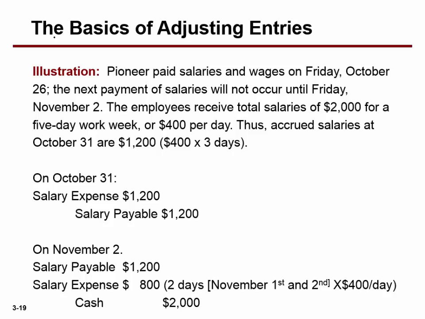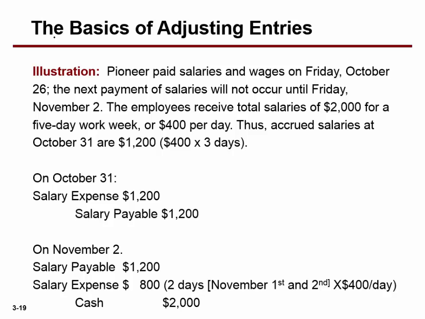Right? People work on Thursday the 1st of November and Friday the 2nd of November, and as they're walking out the door, we pay them again, don't we? And we pay them for how many days? 5 days. We're paying them now for Monday through Friday that they worked, right? 5 times 400 means that we are going to credit the cash for $2,000.